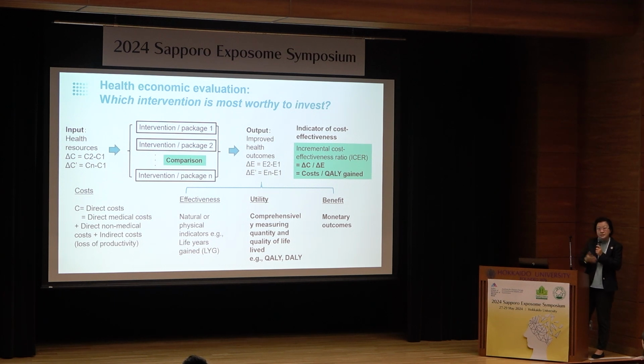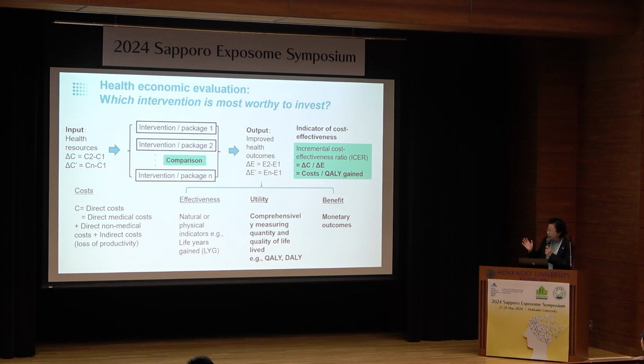So basically, the evaluation compares the cost, or the input. The input is the resource invested. And then the output. The output could be effectiveness, which could be a natural or physical indicator, such as life years gained. And it could also be utility. The utility is the comprehensive measurement combining both quantity and quality of life years.